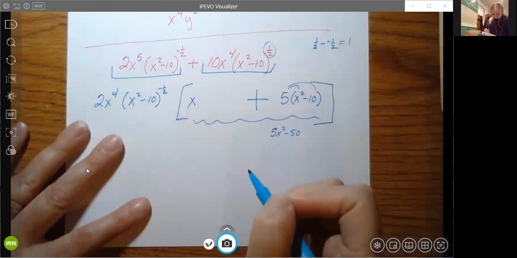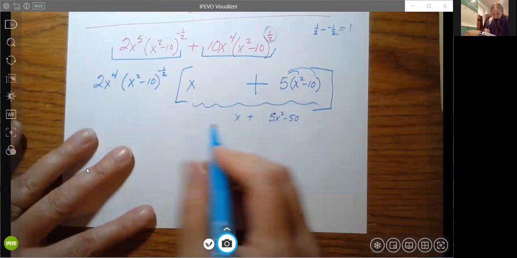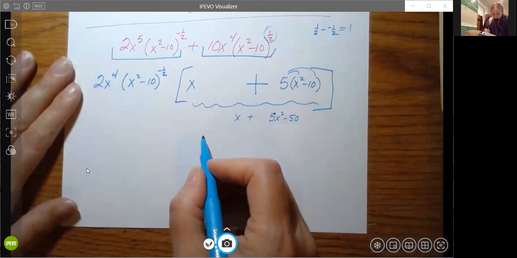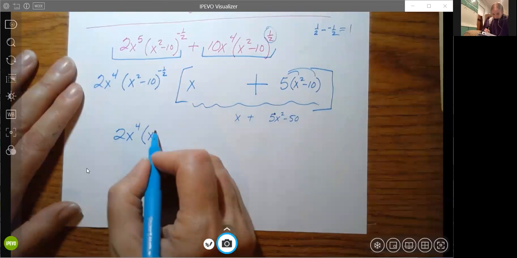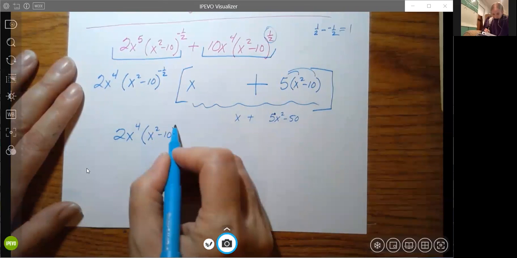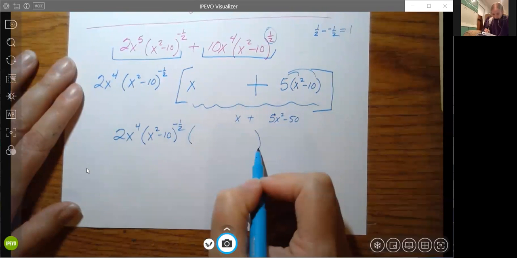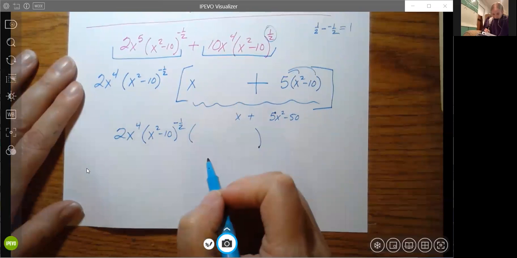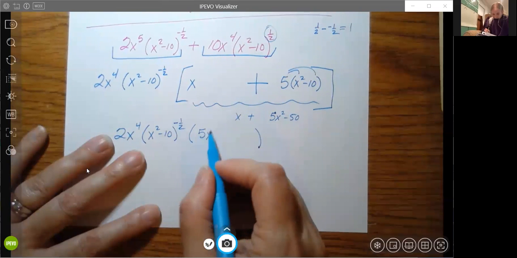And then plus x. So our final factored answer, what's this one going to be? 5x squared plus x minus 50.